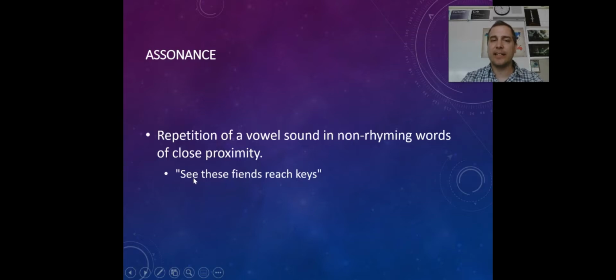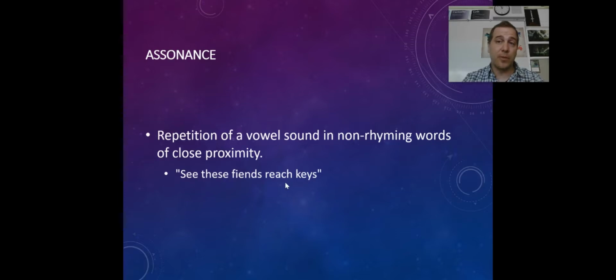Here we see "these keys reach, see these fiends reach keys." They're all making that long E sound, right? Now, once again, you can't trust your eyes here. If you were to look at these words, you'd think those are different sounds, but they are all making the same vowel sound despite how they're spelled.